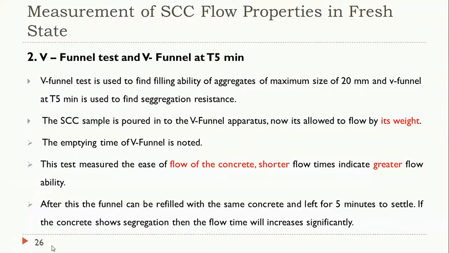Once the V funnel test is done, the same concrete is refilled into the V funnel, and we leave it for 5 minutes to settle, and then measure the time once again. That is why it is called V funnel at T5 minutes. After allowing the concrete to settle for 5 minutes, we open the door, I will show a picture of it, and measure the flow time once again. Based on that flow time, we can measure the segregation.